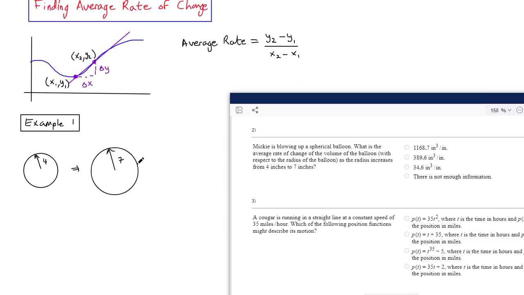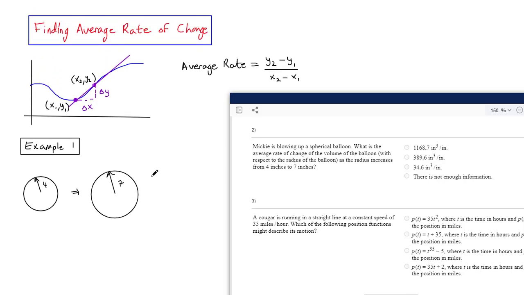Right? So to solve this problem, we need to define what our y values are and what our x values are. Since we're talking about the volume of a balloon, that means that our y value is going to represent the volume. So we're going to write the equation for the volume of a sphere, which is v equals 4/3 pi r cubed.